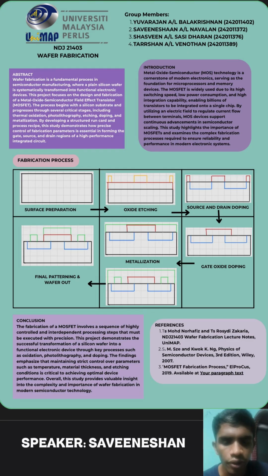Introduction. The significance of metal oxide semiconductor technology in modern electronic devices. Metal oxide semiconductor technology is one of the most important technologies in use in modern electronics. It is widely used in integrated circuits, especially in MOSFET transistors, which are a basic building block of both digital and analog systems. MOS technology is commonly found in microprocessors, memory chips, smartphones, communication systems, and many embedded devices.